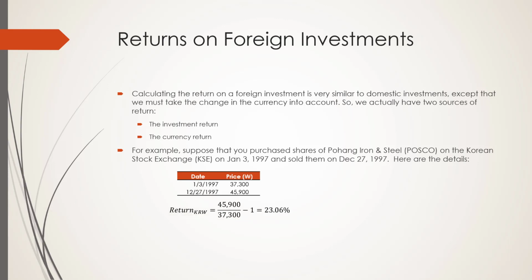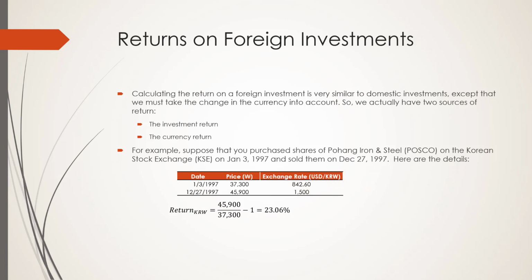In fact, if you were a Korean investor, you would have earned 23.06% on that investment. The problem, of course, is that you're an American investor who makes their money and invests their money typically in dollars, not Korean won.